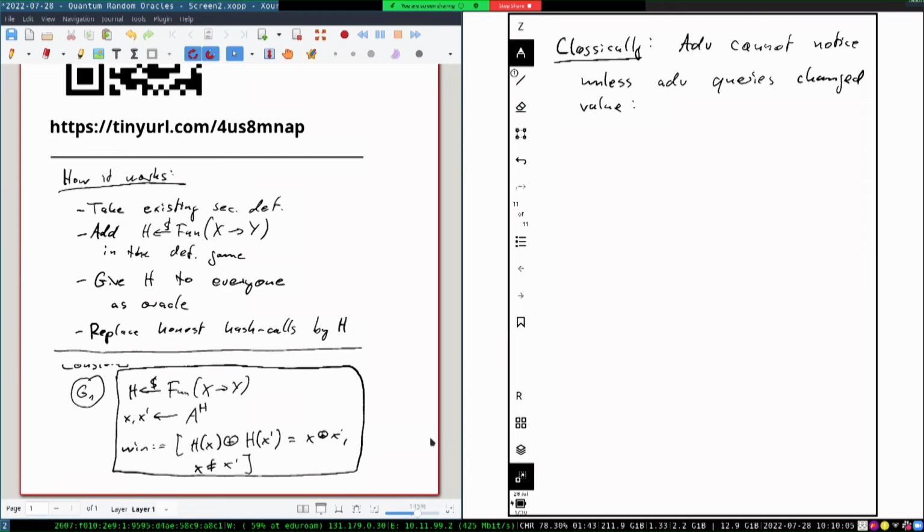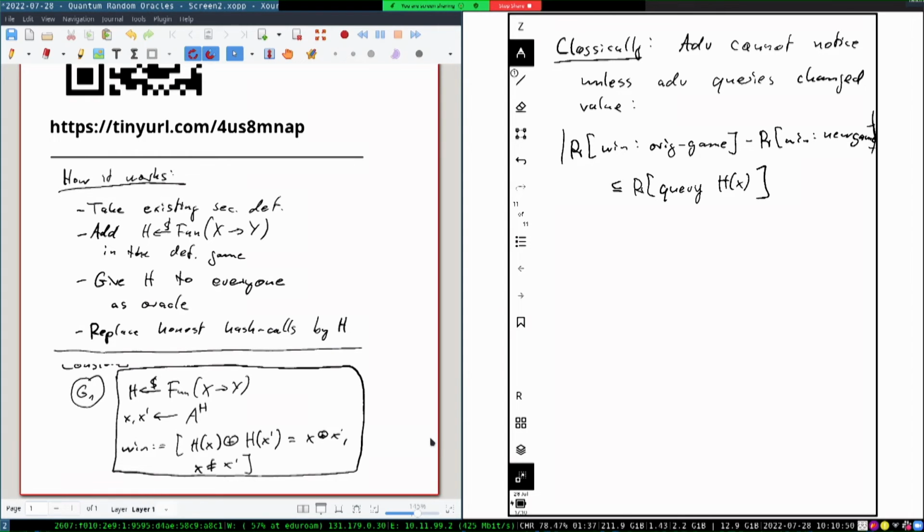In somewhat pseudocode math, this means that the probability of winning in the original game minus the probability of winning in the new game, where we have replaced things, and of this the absolute value, would be smaller or equal to the probability that the adversary queries h of x, where x is the input at which we change the random oracle. So you can show something like this.